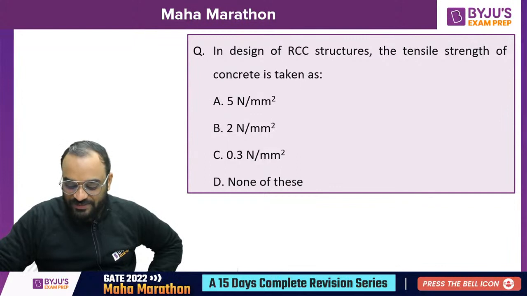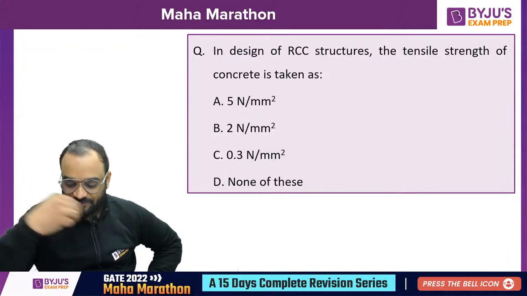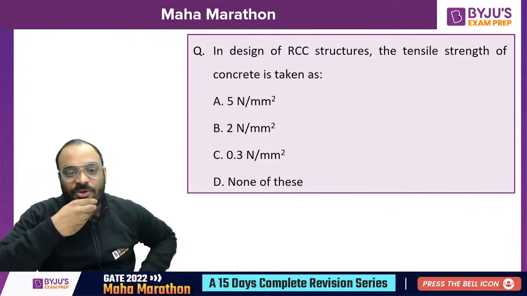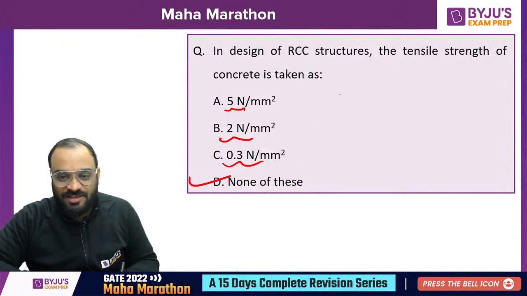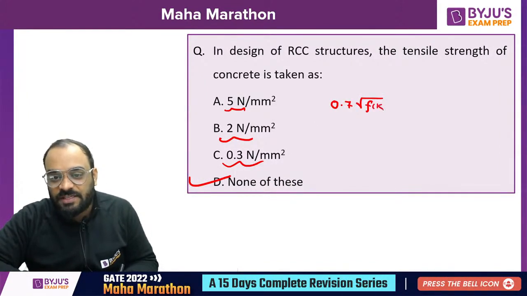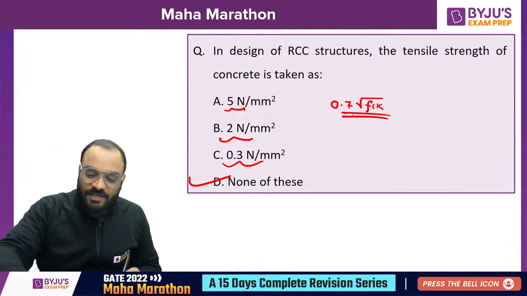Very nice. How can you say that it should be 5? How can you say that it should be 2? How can you say that it is 0.3? None of these, because the value will be 0.7 under root of FCK.